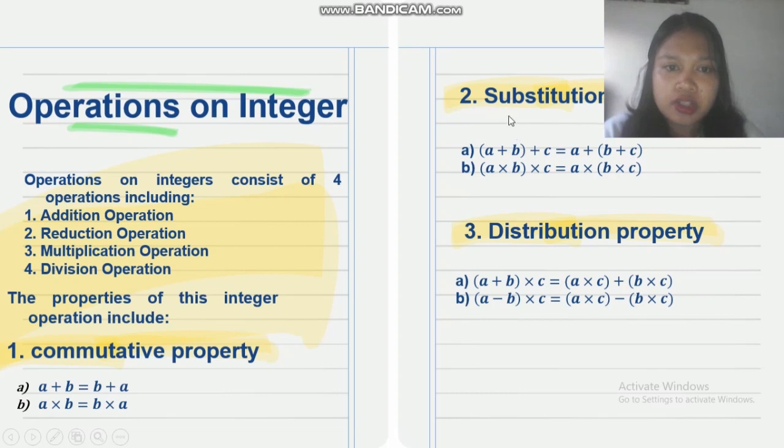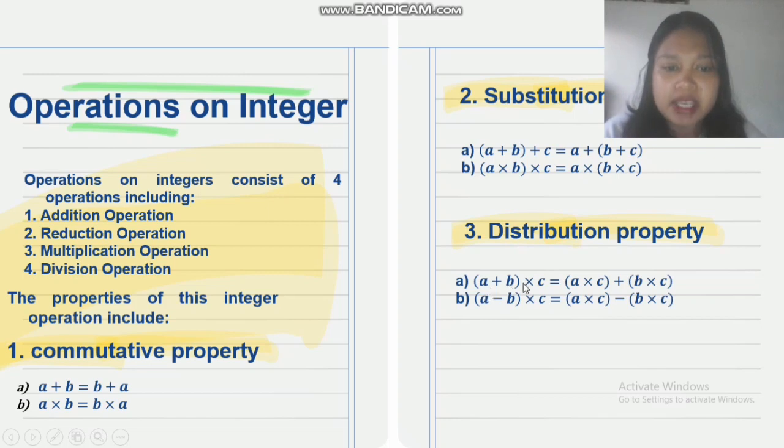2. Associative property. A plus B plus C equals A plus B plus C, with the grouping changed. A times B times C equals A times B times C. 3. Distributive property.